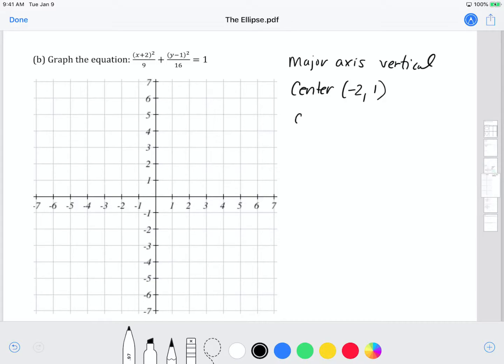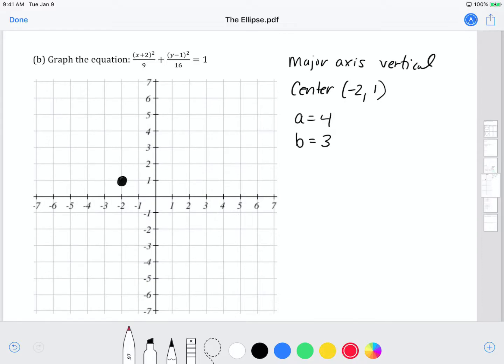And then my value of A is going to be 4 because A squared is 16. My value of B is going to be 3 because B squared is 9. So I'm going to graph my center, which is -2, +1. So here's my center at -2, 1.